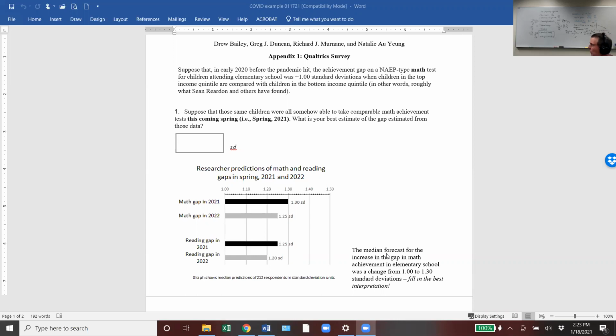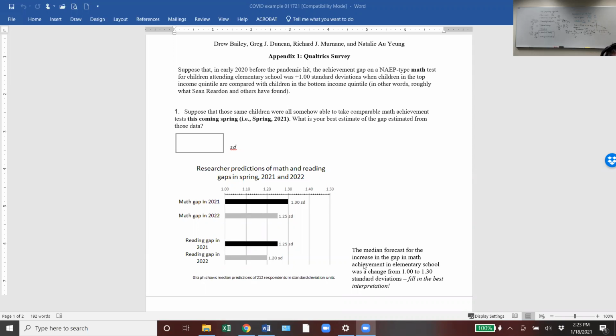Okay, so we've talked about different ways of expressing coefficients. This is kind of a coefficient, a plus 0.3 standard deviation increase. So the question is, how would you, percentage change, standard deviation change, how would you take that one figure, the 1.3 up from 1.0, and explain it? In other words, finish this sentence.